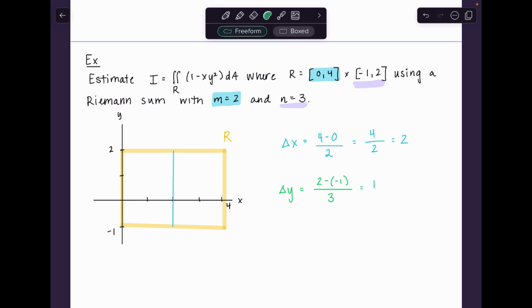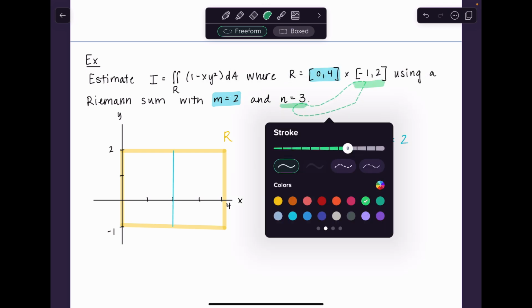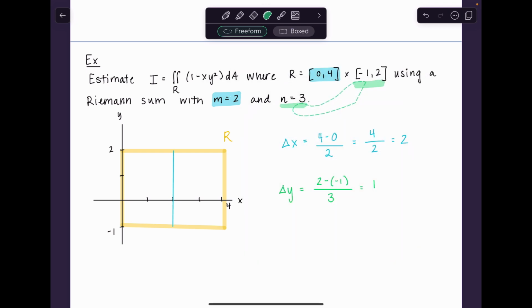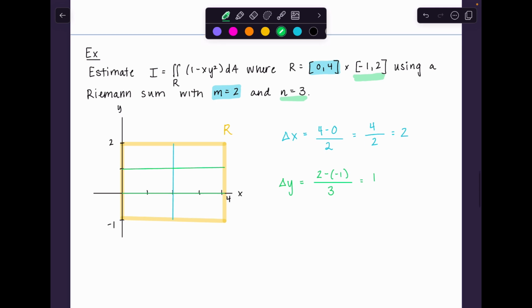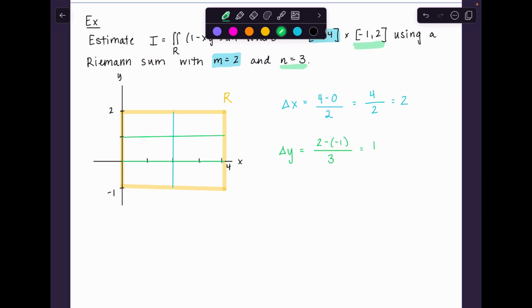Let's make these colors match so it is consistent. So splitting this into our grid, we're going to have y equaling 0, y equaling 1, and y equaling 2. From this, I'm going to approximate the volume in 2 different ways.